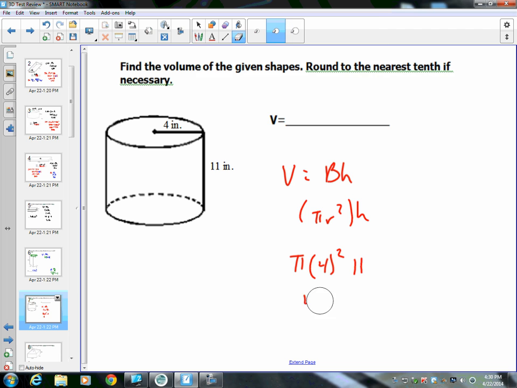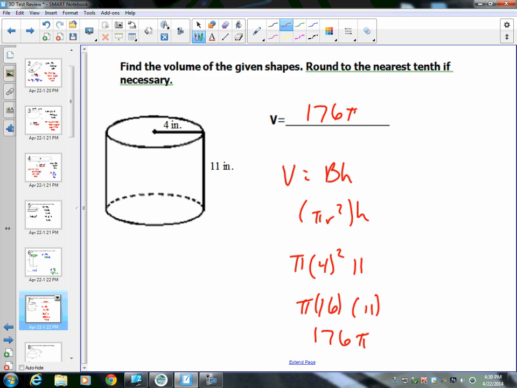So we get pi times 16 times 11. 16 times 11 is 176. We get 176 pi. The units in this case is inches. Since it's volume, it's inches cubed.